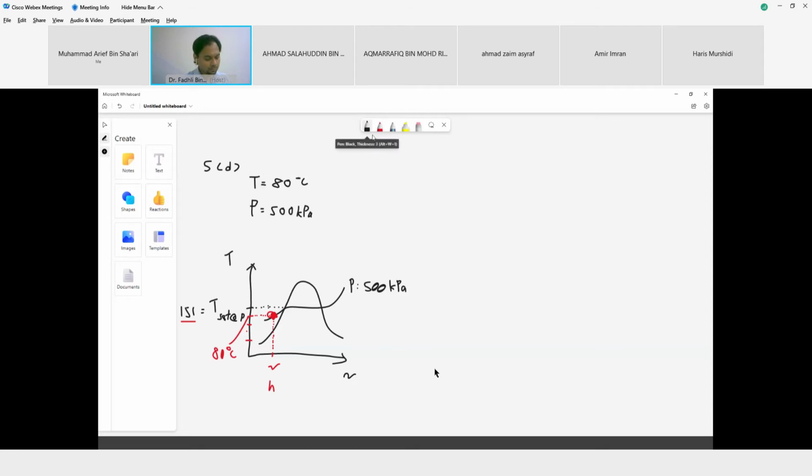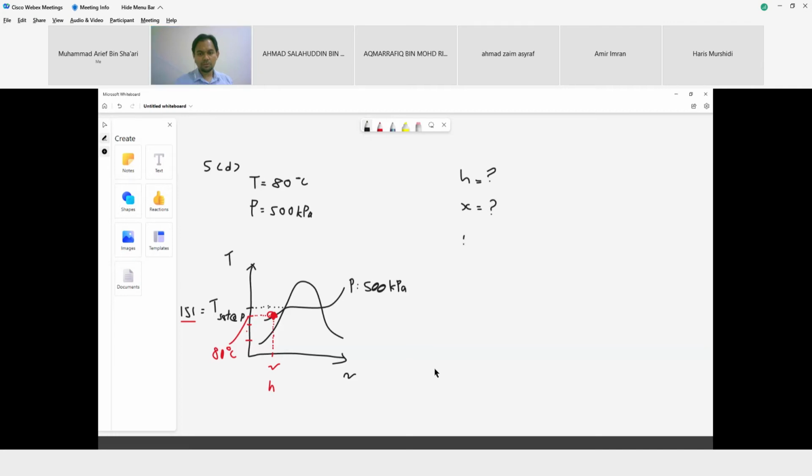So, what else? Step nombor 4, step seterusnya. Next step, solve the problem. So, for D, we have to find enthalpy H. Kemudian X, quality.